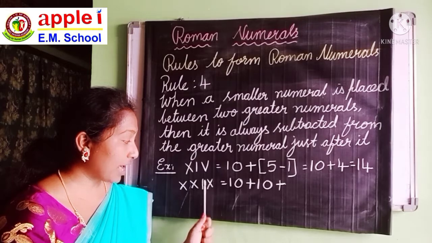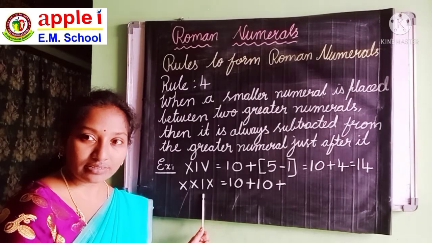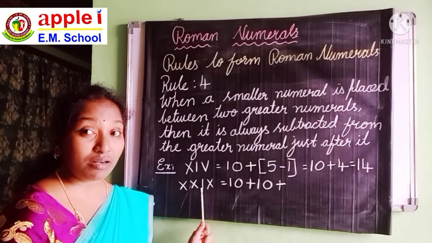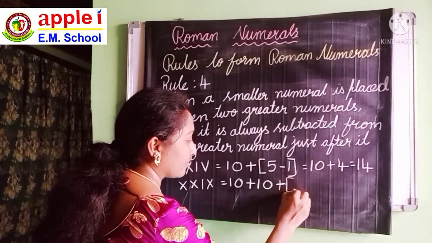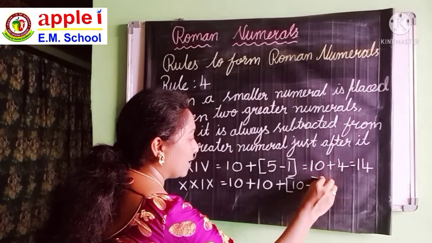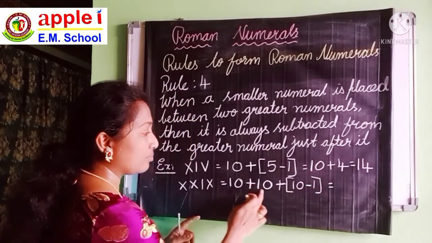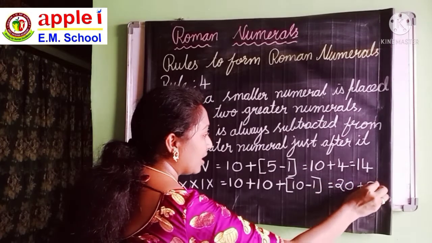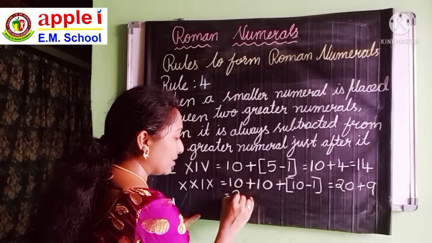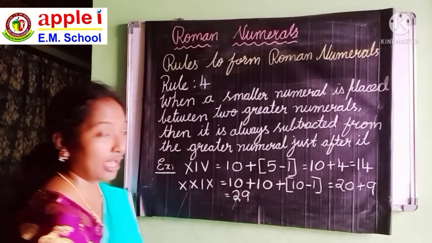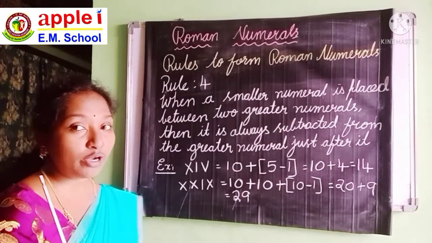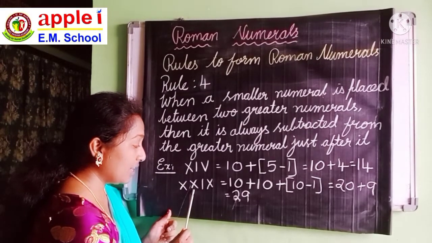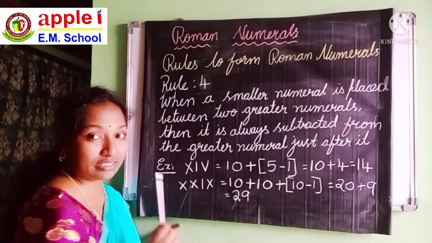How do we subtract? Big number minus small number. So X means 10, I means 1. So 10 minus 1. How much is 10 plus 10? 20. Plus 10 minus 1? 9. So 20 plus 9? 29. Okay. See, where you will make a mistake: here you will write 10, X means again write 10. Big and small. These two we should not see like this.